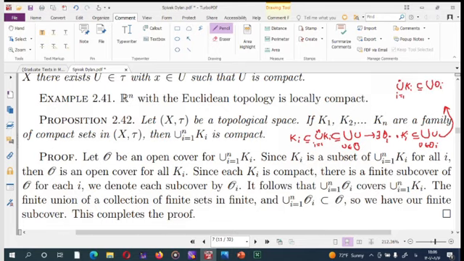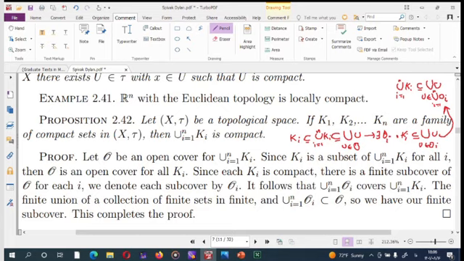Oi, sorry, U belonging to this union Oi, i from 1 to n.